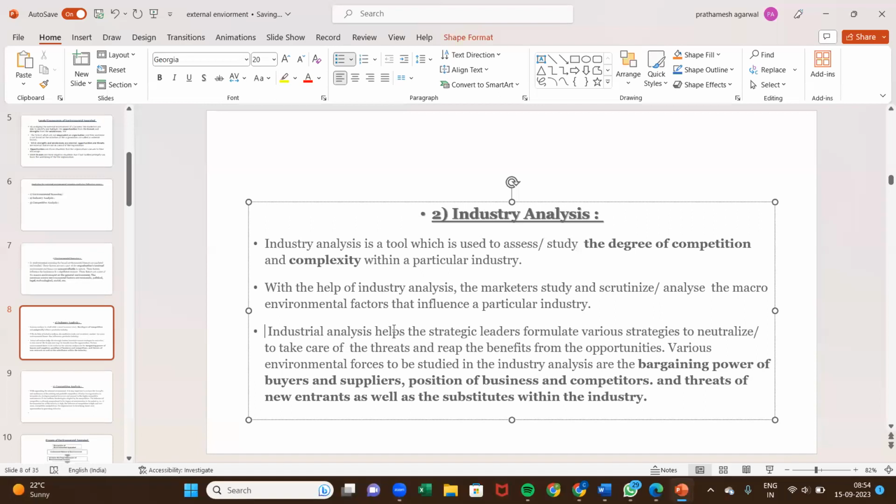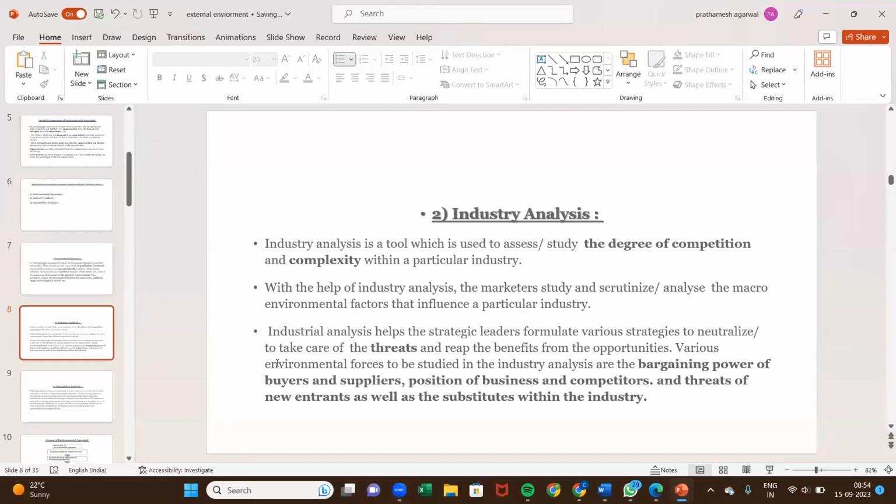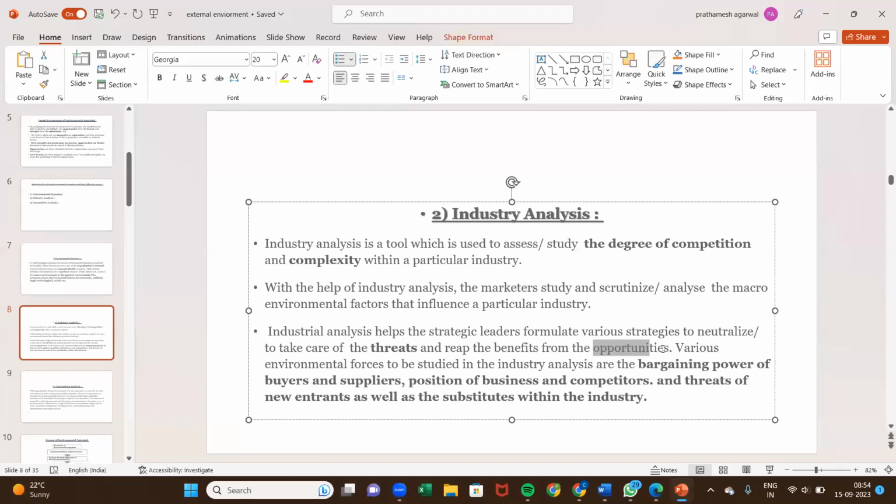Industry analysis helps the strategic leaders formulate various strategies to neutralize, that is, to take care of the threats. How will you take care of the threats? Because if they are not taken care of, it will harm the organization. It's a negative attribute. And reap the benefits from the opportunities.